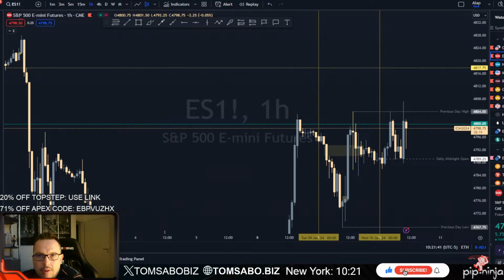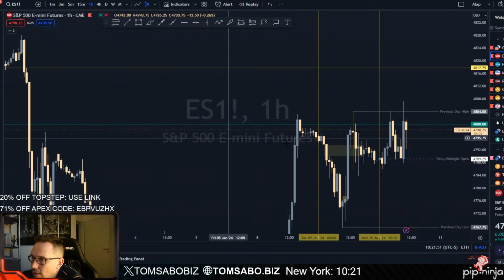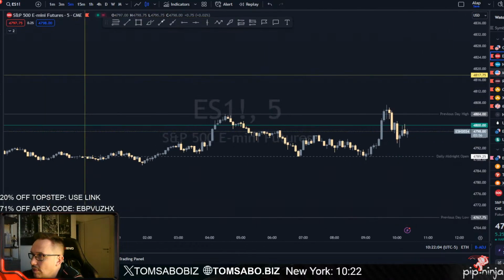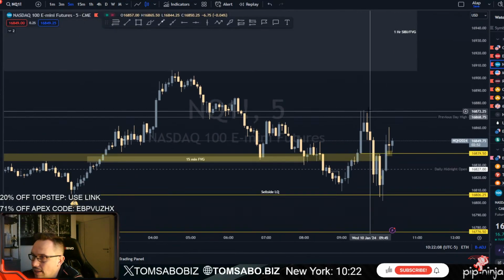So let's see if this one wants it or not. As long as ES tries to push, NQ might want to reclaim the 82s. I don't know. These highs right there.